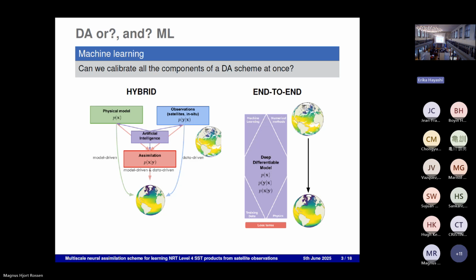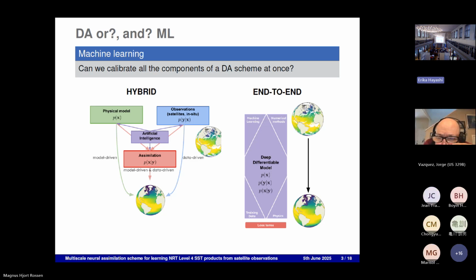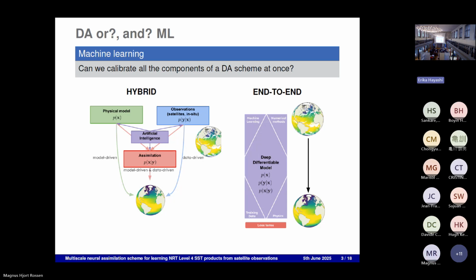And you can also go to what is called end-to-end approaches on the right. So typically you replace your full data assimilation scheme with some sort of AI architectures to go directly from the observations to the reconstruction of the state.